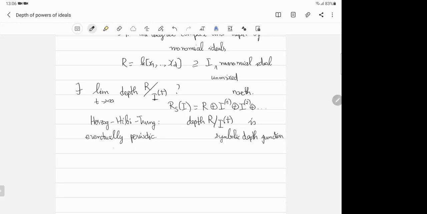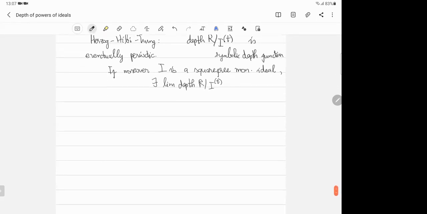And if I is a squarefree monomial ideal, then actually this symbolic depth function is convergent, and it is due to Hoa, Kimura, Terai, and Trung.